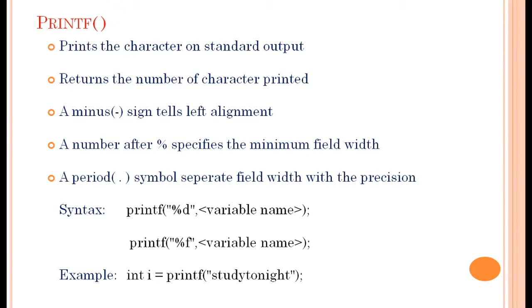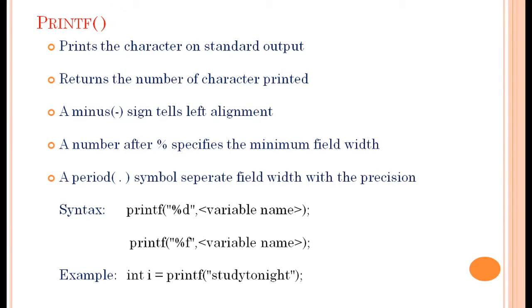Okay, so we can have the description like a minus sign tells left alignment, a number after % specifies the minimum field width to be printed. If the characters are less than the size of width, the remaining space is filled with spaces, and if it is greater, it is printed as is without truncation.